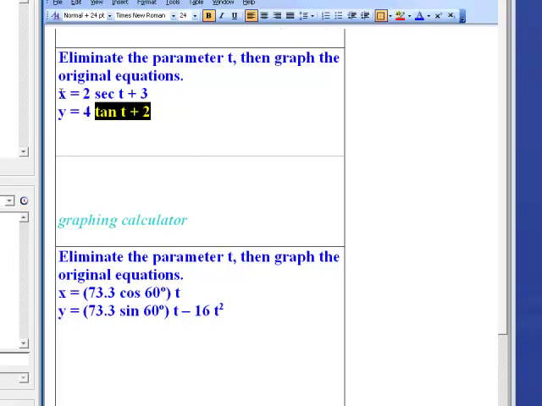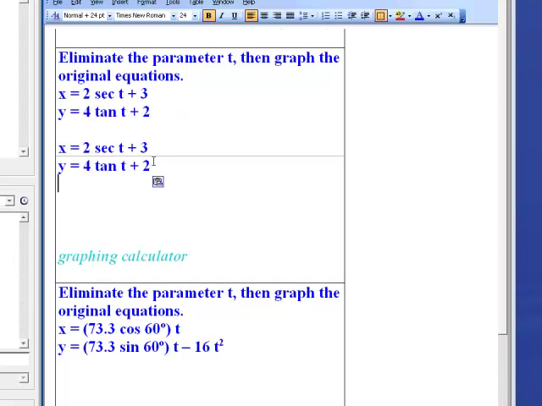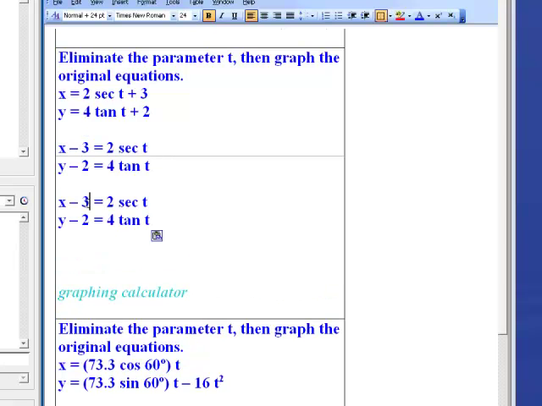We're going to take the two equations and we proceed just like we did before. We subtract 3 on both sides on the first one, and we subtract 2 on both sides for the second one, and then we square both sides, and of course that's going to be the lengthy part.